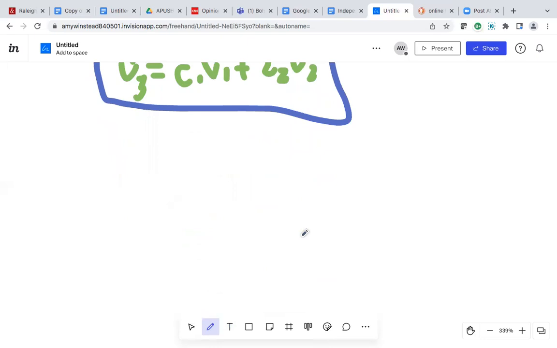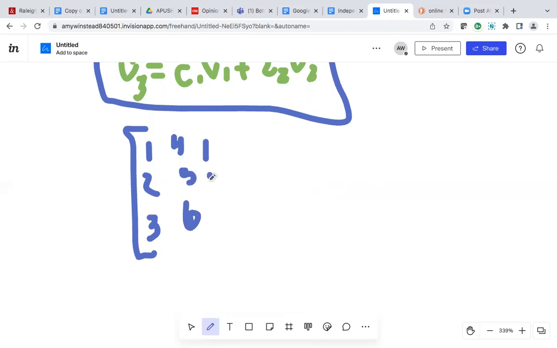So the way we set this up is with an augmented matrix. So we do 1, 2, 3, 4, 5, 6, equaling 7, 8, 9.